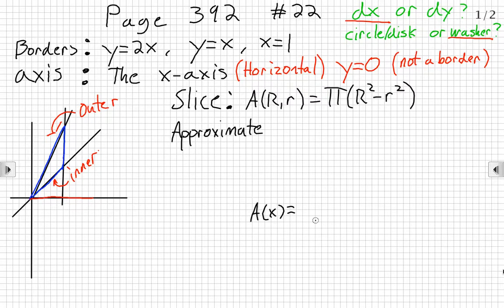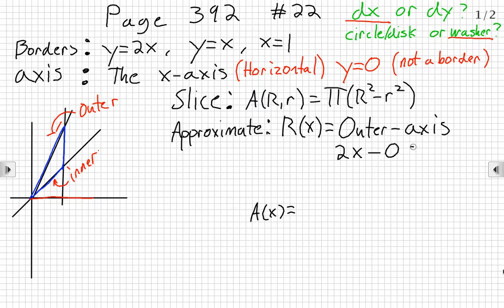That's our goal. To do that, we need to rewrite big radius using x. Then we have a process, outer minus axis. Our outer function is 2x. Our axis is 0. So 2x is our big R of x.